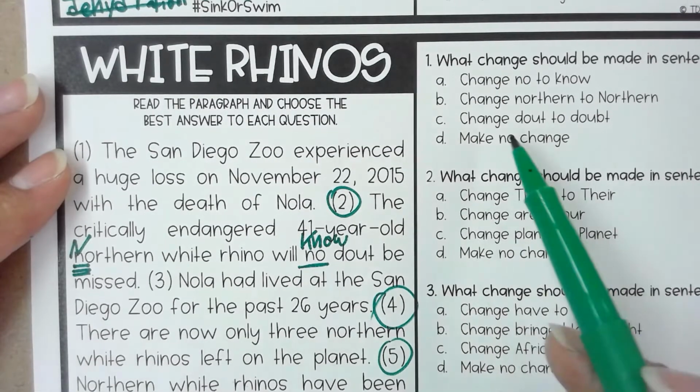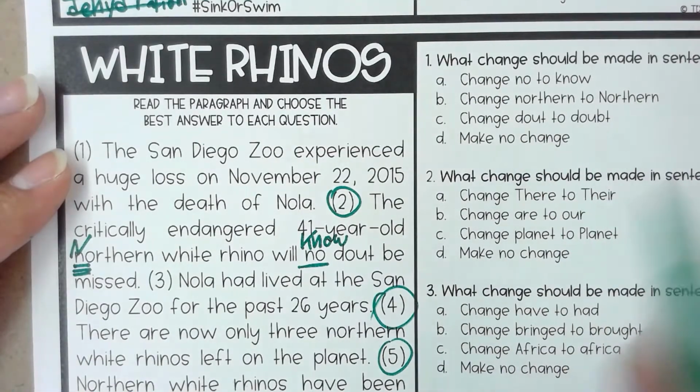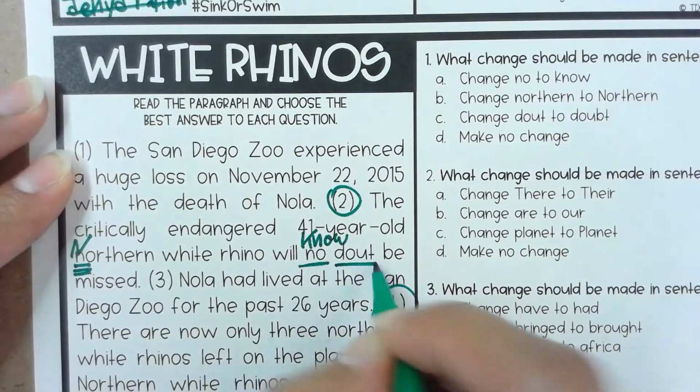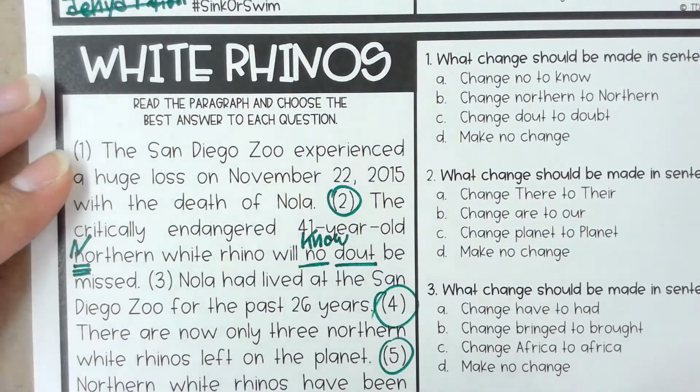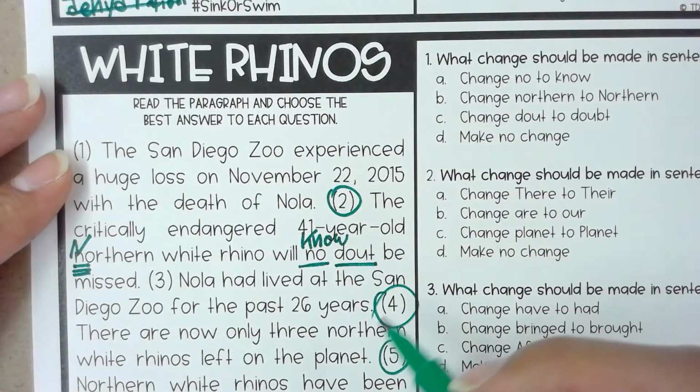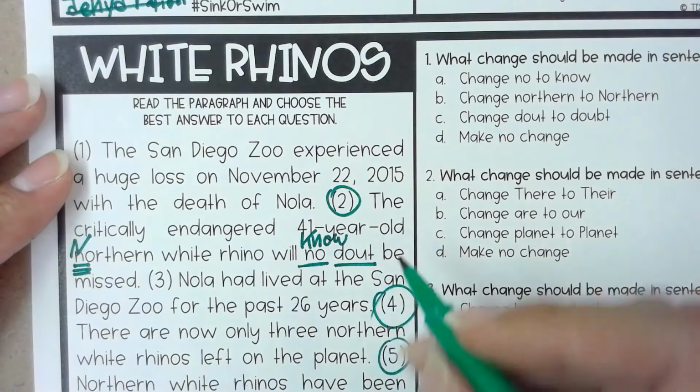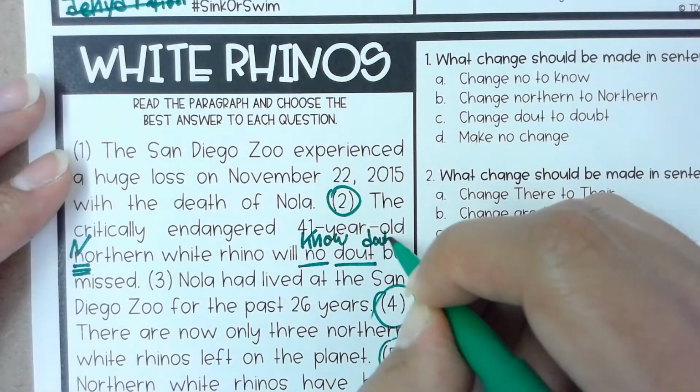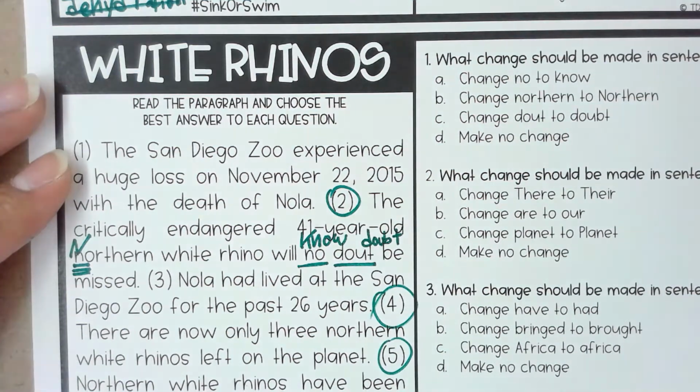Then we have change doubt to dout. This is a spelling answer choice. This is dealing with spelling, so let's plug in this spelling that they want us to plug in.